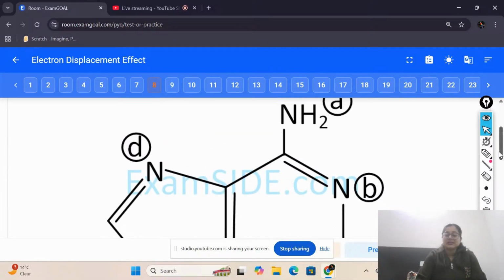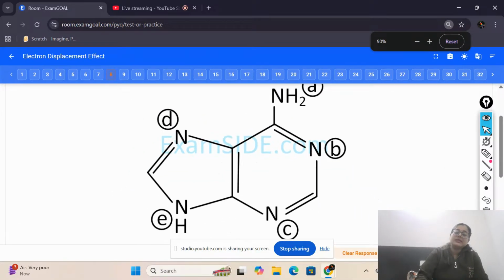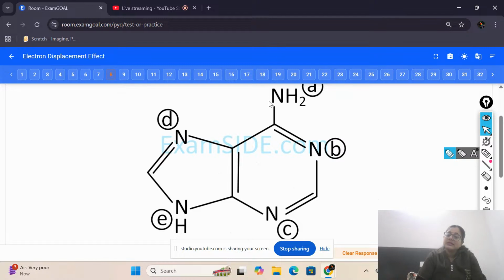So favorable protonation sites will be the sites where the lone pairs are not involved in resonance. Since this lone pair is involved in resonance with this conjugation, this is also a lone pair, single bond and double bond. This is also in conjugation. But this nitrogen lone pair is not involved in the conjugation because pi bond, sigma bond, pi bond is there.